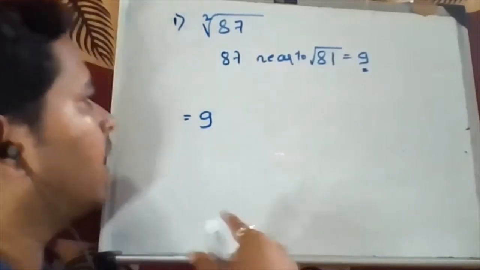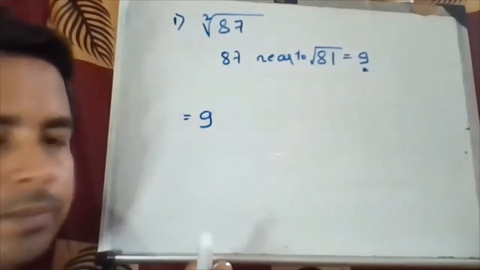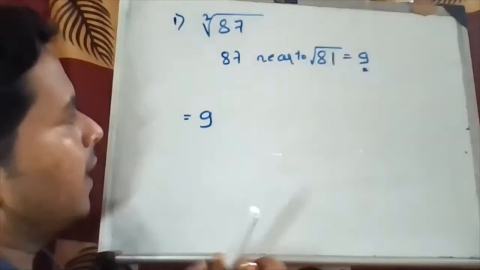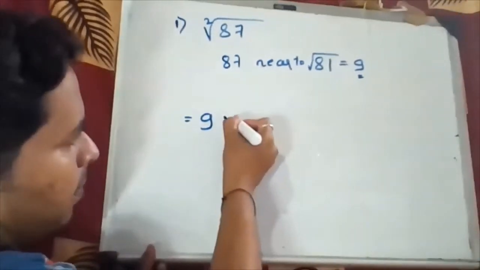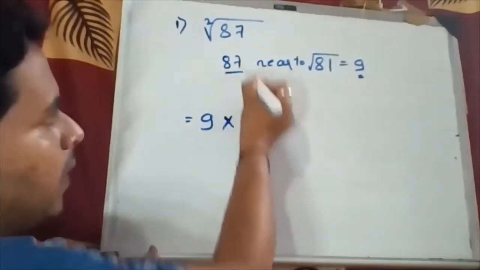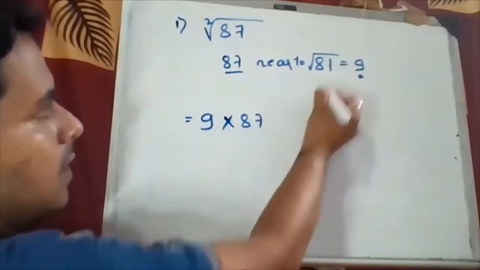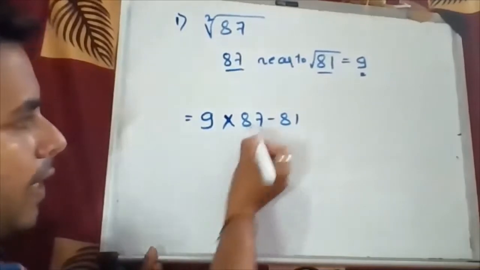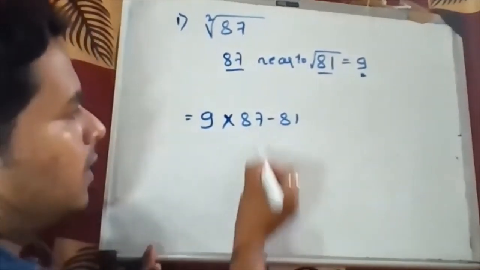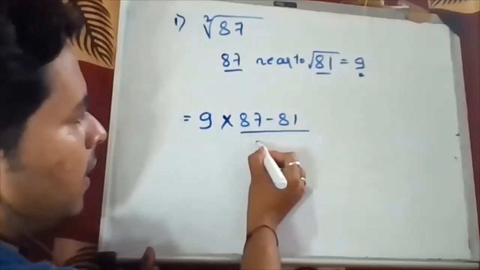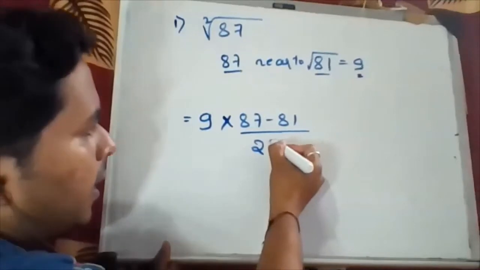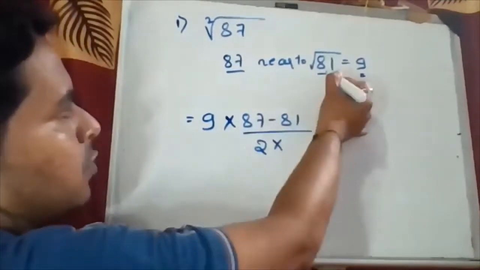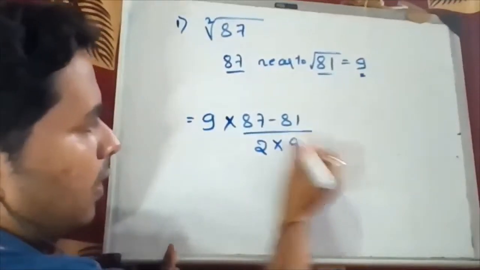So for this, we have to take 9 first, because square root of 81 is 9. Then what you have to do, take this value 87, then subtract 81. So 87 minus 81, divided by, take 2 as a constant value, into the square root of 81, take that 9 value.